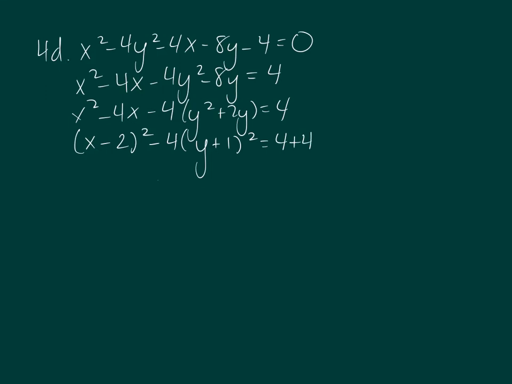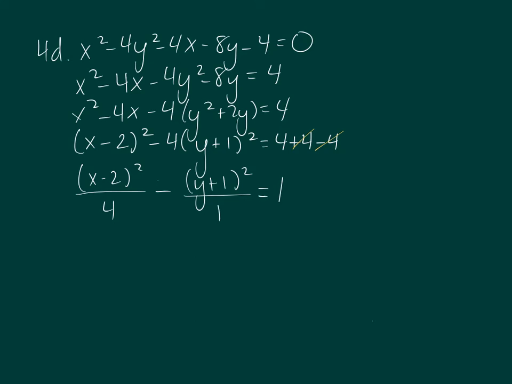And 1 squared is 1 times a negative 4 on the outside is a negative 4. So we're just left with 4, right? And we're going to divide everything by 4. So we get x minus 2 squared over 4 minus y plus 1 squared over 1 equals 1.